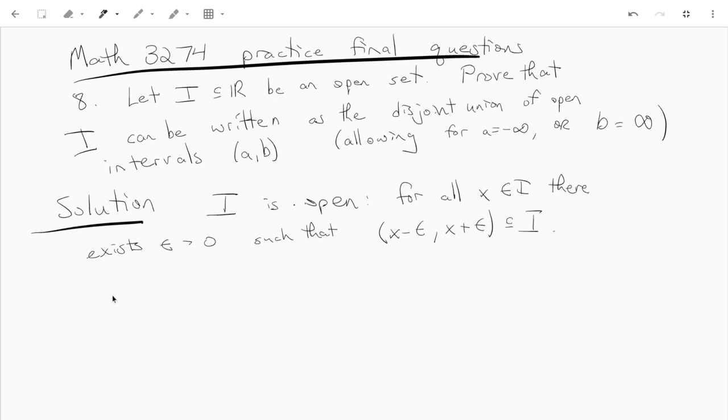Now we need to know a couple facts about intervals. If I take two intervals that have a common point, then their union is also an interval. So let's phrase it like this. Let (a,b) and (c,d) be two intervals.